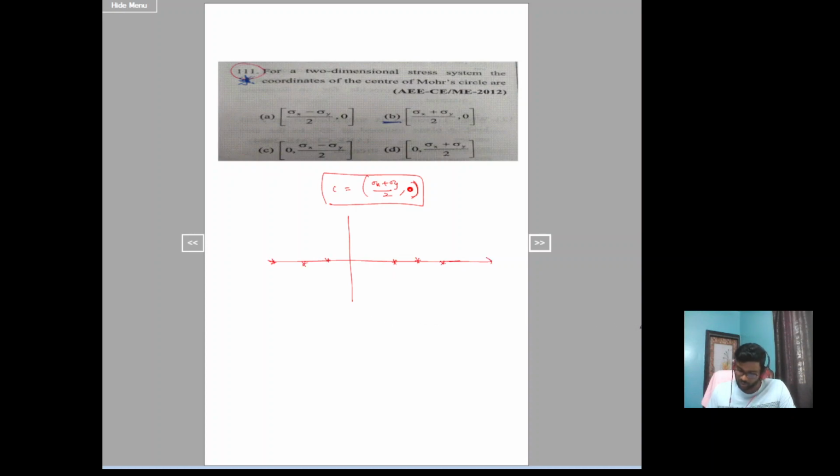You should remember it. Whatever it may be, it can be here or here, wherever it can be, the center of the Mohr circle should always lie on the x-axis. Okay, next.